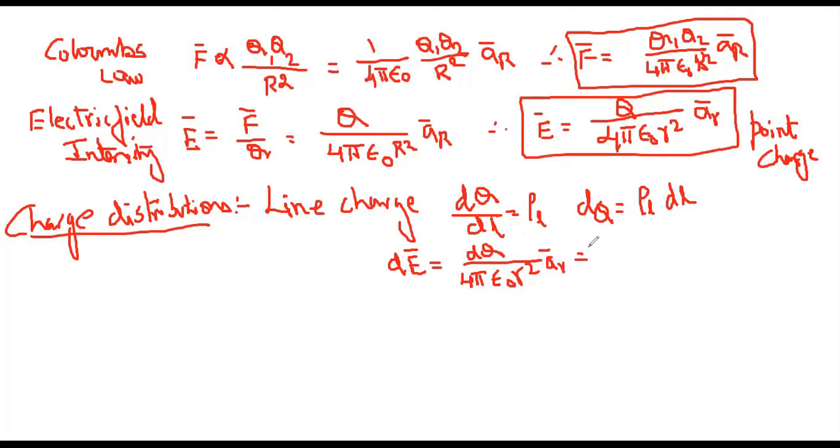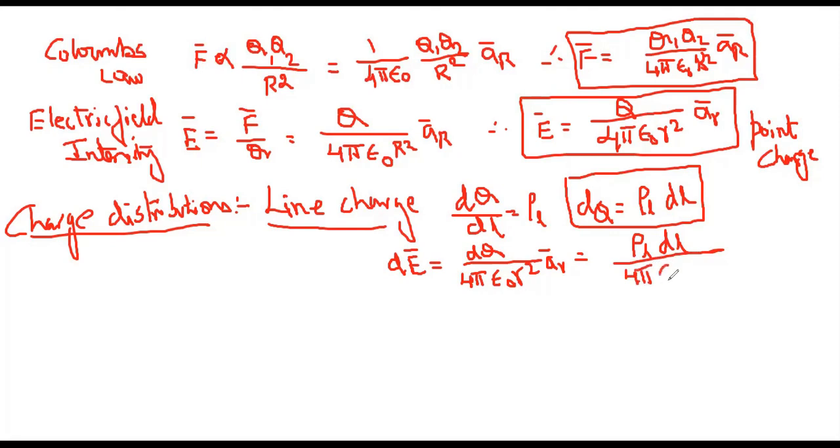By substituting dq is equal to rho l into dl as a line charge, dE bar is equal to rho l dl whole divided by 4 pi epsilon naught R square into AR.